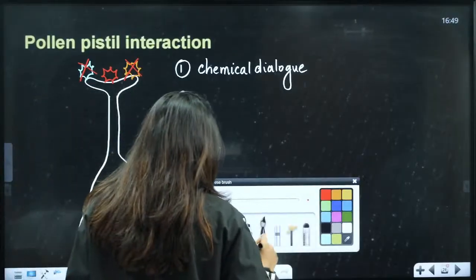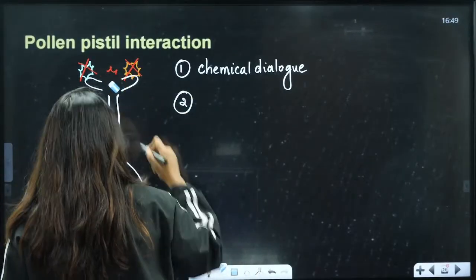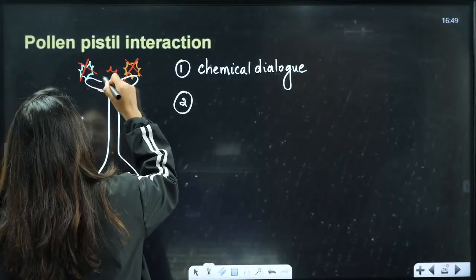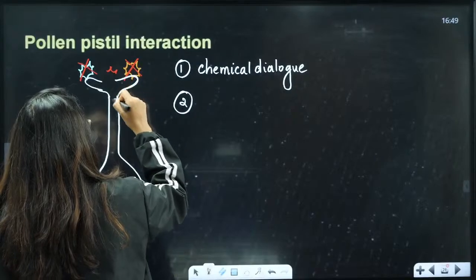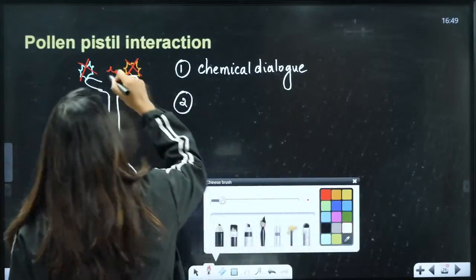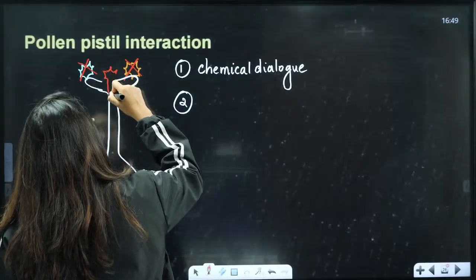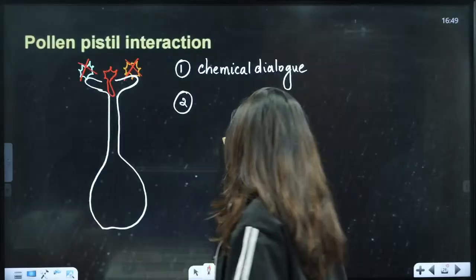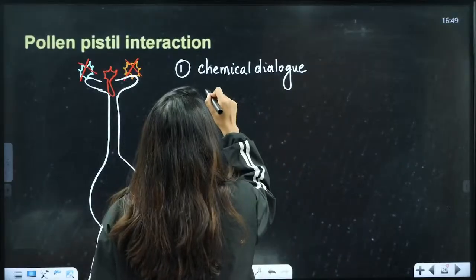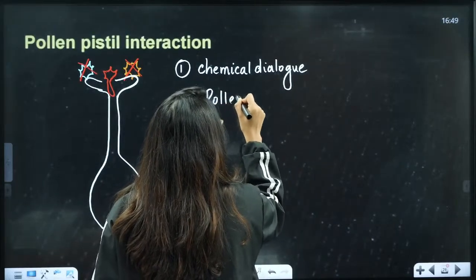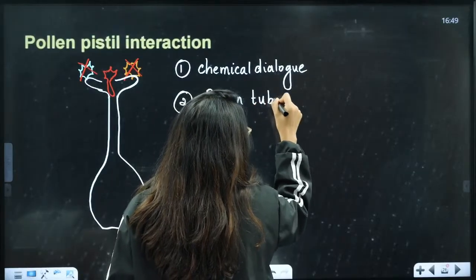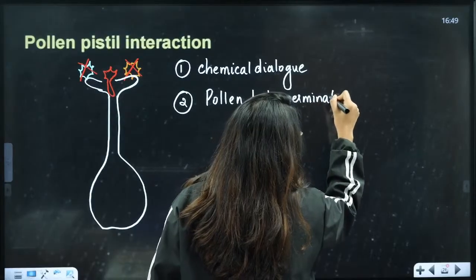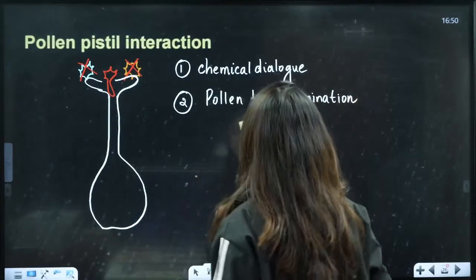It has accepted the doctor, because she is also a doctor. So here, slowly you will start seeing pollen tube growth. The second step that is going to happen here is pollen tube germination. What is going to happen? Pollen tube germination is going to happen.